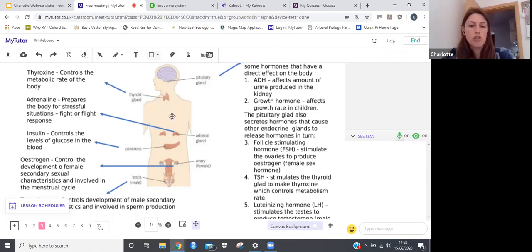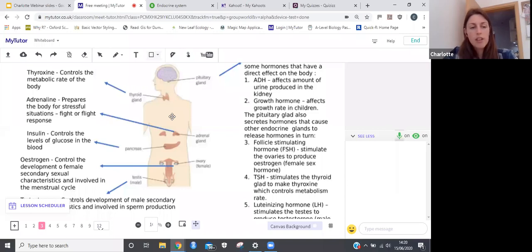Okay, then we have the adrenal gland. The adrenal gland sits just by the kidneys. The adrenal gland is responsible for releasing adrenaline.